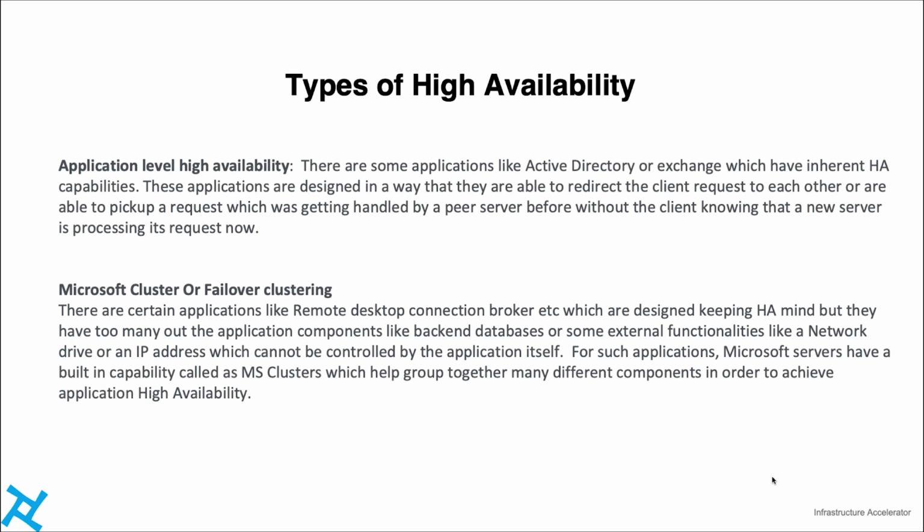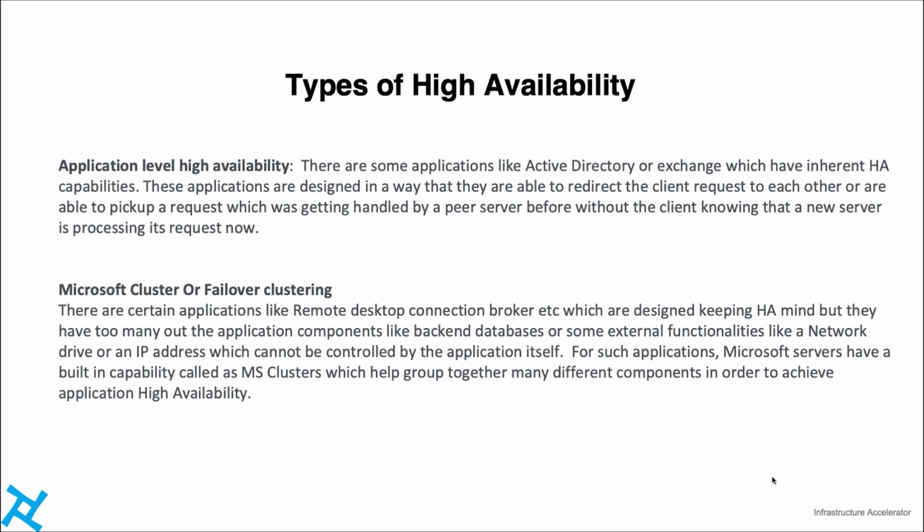The other level of high availability is created when the application itself is not capable of providing the high availability. Such high availability we get via the Microsoft cluster or failover clustering. There are certain applications like Remote Desktop Connection Broker, which are designed with HA in mind.